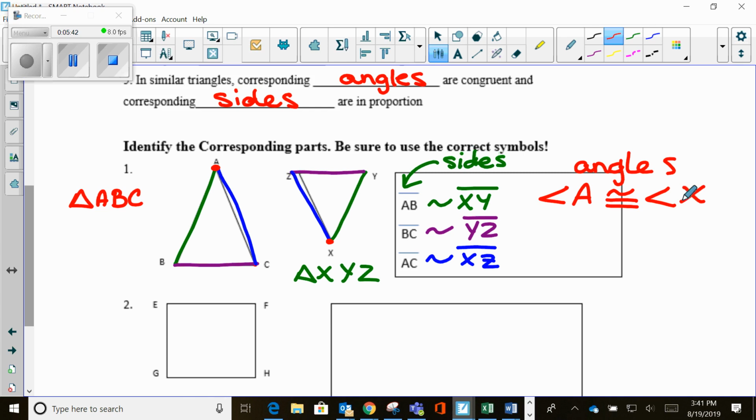The next one is going to be B is congruent to Y. Angle Y. Notice in the name, B was in the middle. Notice in the name, Y was in the middle. So that means they're in the same position. And the last one, angle C, is going to be congruent to angle Z.